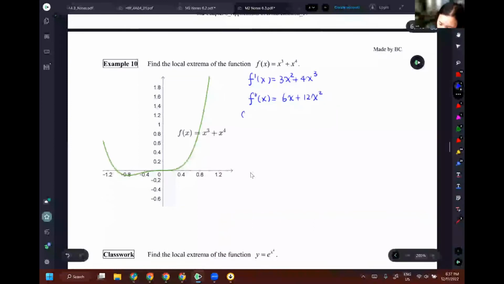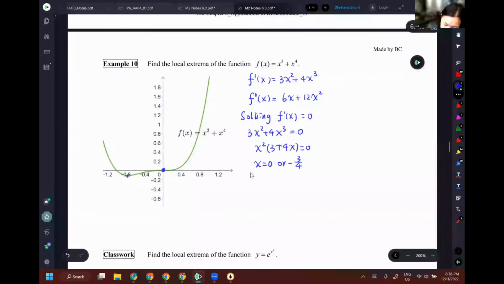I will solve f prime equals 0. 3x squared plus 4x cubed equals 0. x squared times (3 plus 4x) equals 0. x equals 0 or negative 3 over 4. That means there's a stationary point here, and a stationary point here.